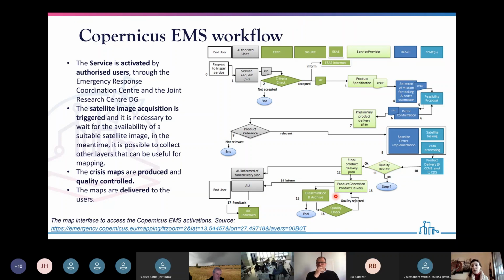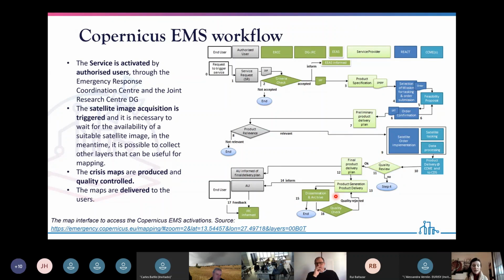They suggest which is the area of interest that they need to be mapped. Then there is the service which makes a first evaluation of the request. And if the request is accepted, then there are other phases that are very important.